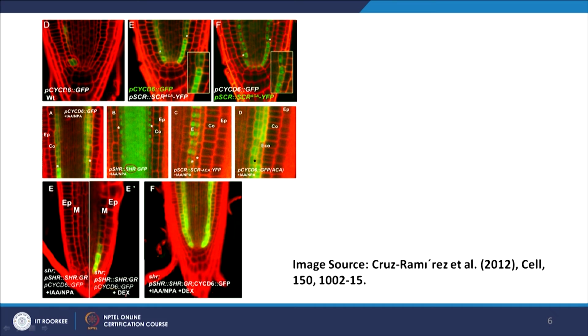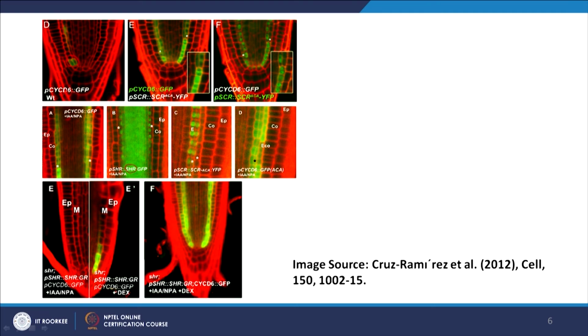But when you treat with dexamethasone, it allows short root protein to enter inside the cell, and you can see cyclin D expression starts, which means that short root protein is activating expression of cyclin D. And when you treat with dexamethasone plus auxin, it mimics this phenotype where you have extra layers, with more or expanded expression of cyclin D.